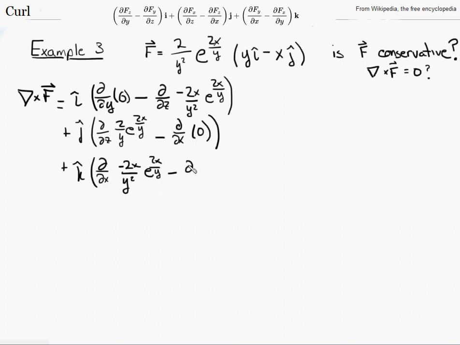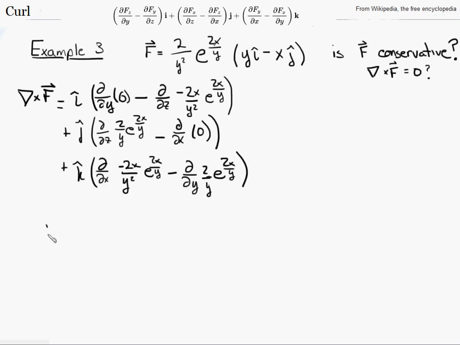Now we have to do partial with respect to y times the i hat component, so 2y over y squared, which would just be 2 over y. I'll write that correctly. 2 over y. And then we have the e to the 2x over y. Alright, these do have the variables in there, so I'll need to take the derivative, and since it's in two different functions, I'm going to need to use the product rule.